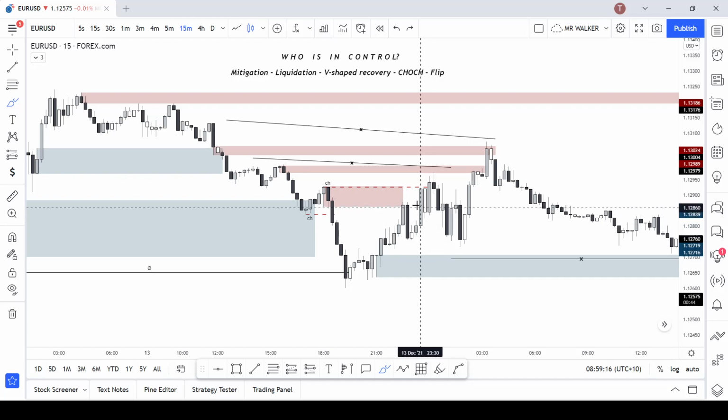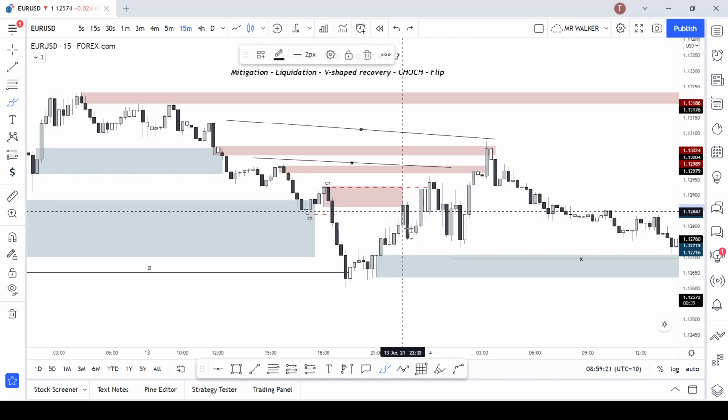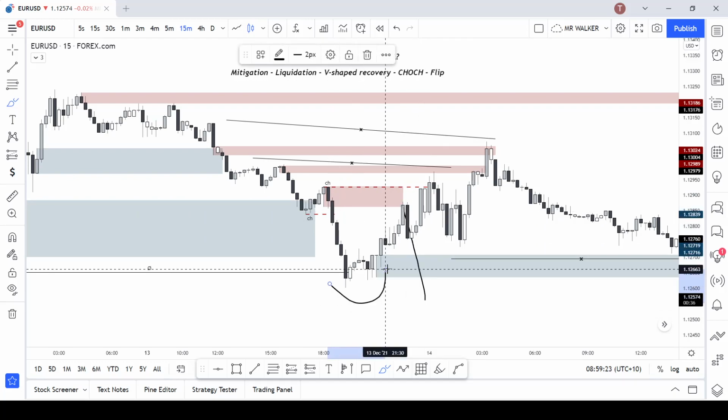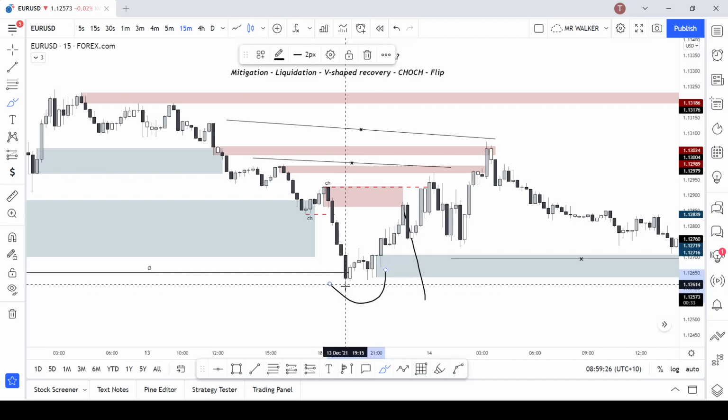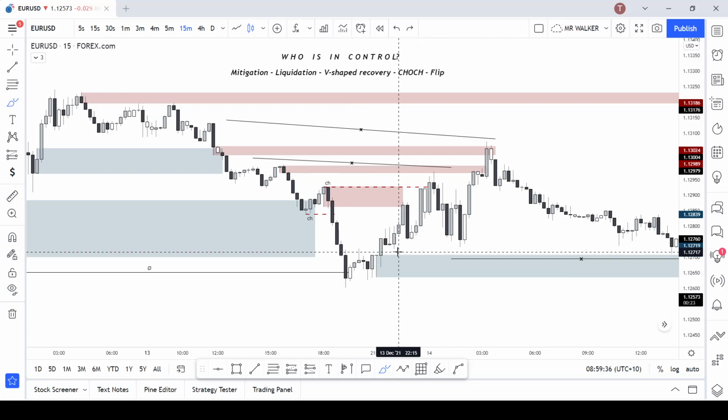Which means that we may anticipate the reaction, but we will not be having the follow through, which means that this weak low for now will remain to be the strong high. Okay, so the price then continues going back to the upside to seek liquidity to fuel the price lower and to mitigate some important zones.